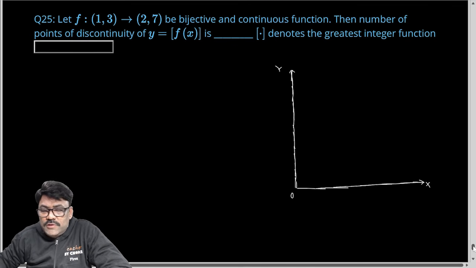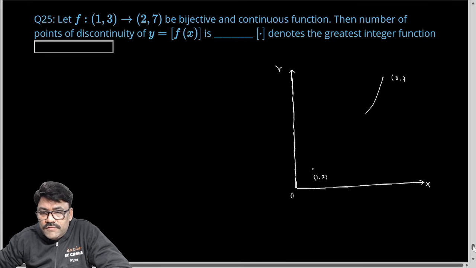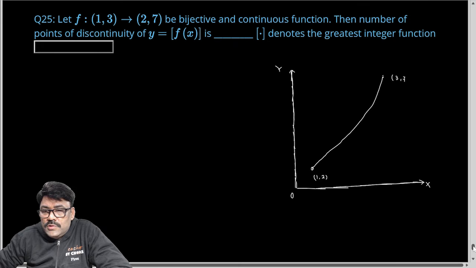So at 1, the value of the function is 2. Let's say this point is (1, 2). And at 3, the value is 7. Let's say this point is (3, 7). The graph is continuously increasing from (1, 2) till (3, 7), open at both ends.